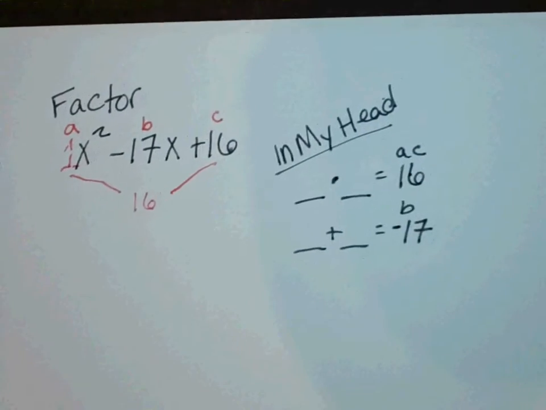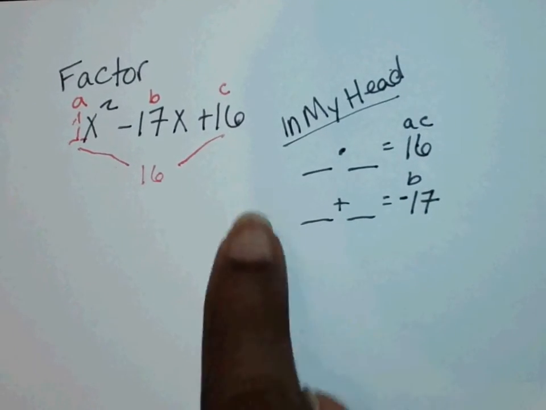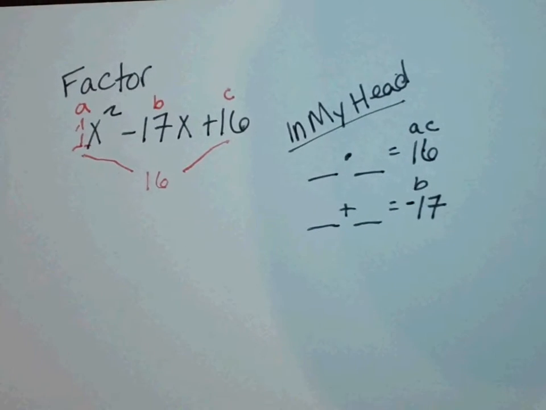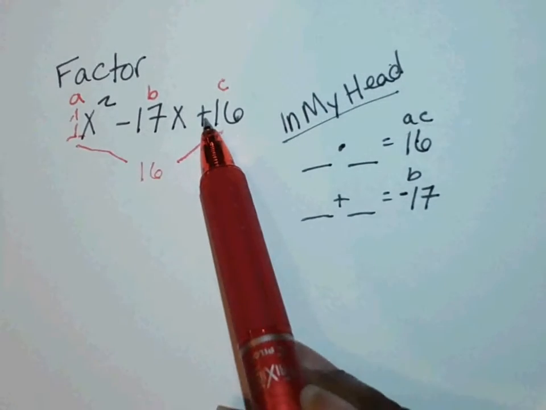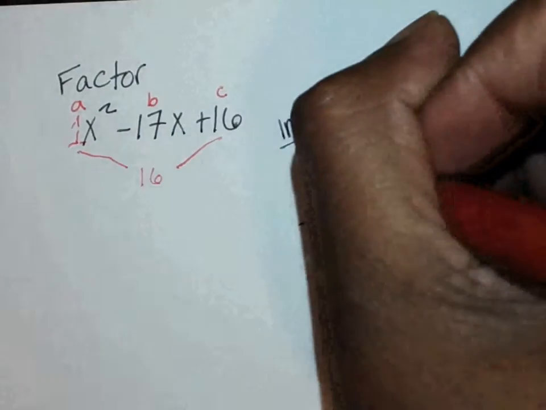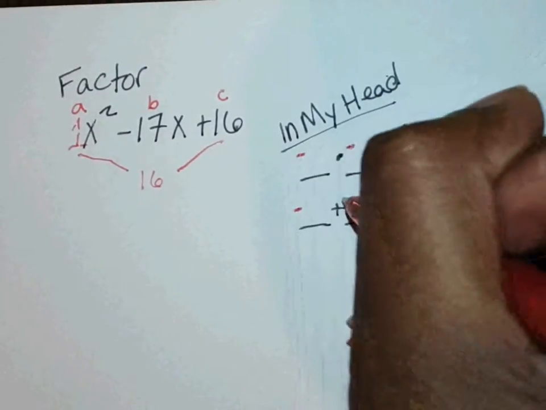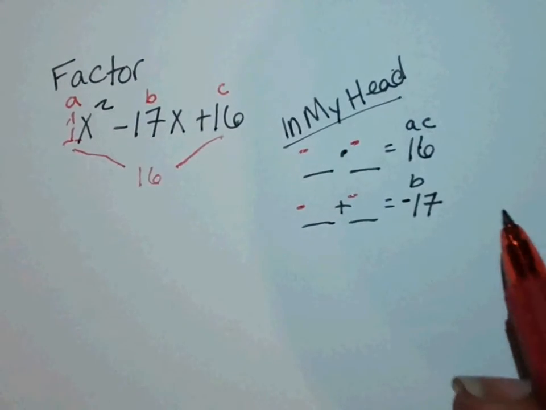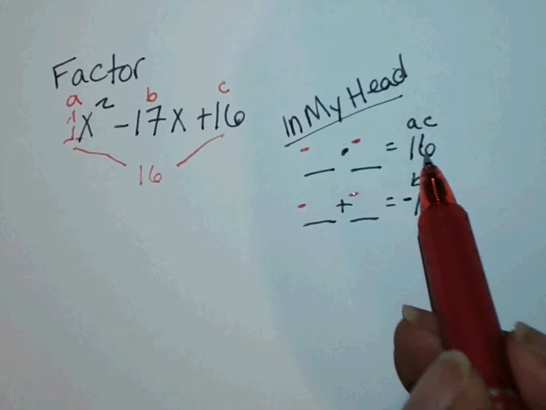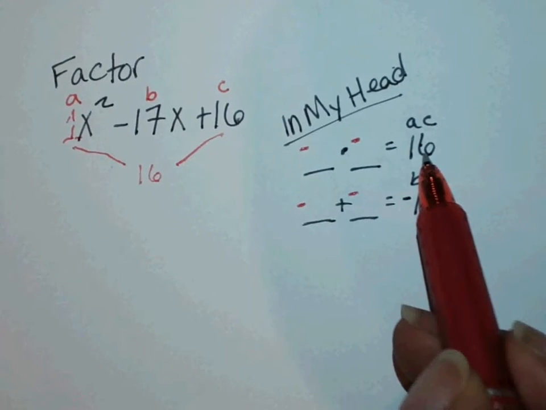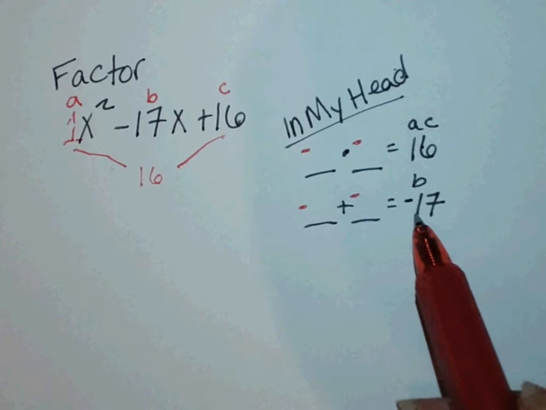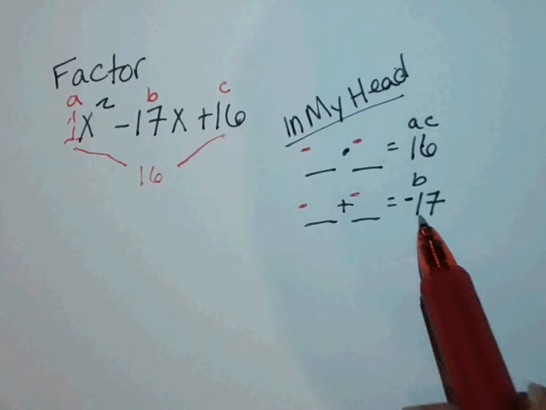So up here I have that second example. I know that my signs are going to be the same and both of them are going to be negatives. I'm trying to think of numbers that multiply to get me 16, and they're both going to be 2 negative numbers, and then when I add them I get negative 17.